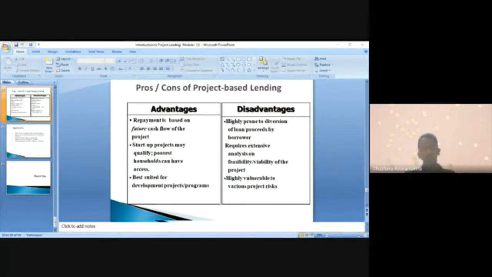It's spread over a period of time. Number 2, require extensive analysis on the feasibility, viability. If you remember correct, last week we discussed about the feasibility. When you talk about financial feasibility, I mean, very difficult to judge it. Where financial, it should be about P&L, balance sheet, cash flow, ratio analysis, and everything about future.